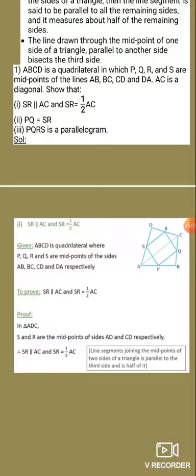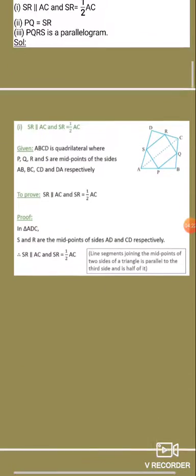S and R are the midpoints of the sides AD and CD respectively. Therefore, SR is parallel to AC and SR is half of AC. That is, the line segment joining the midpoints of two sides of a triangle is parallel to the third side and is half of it.